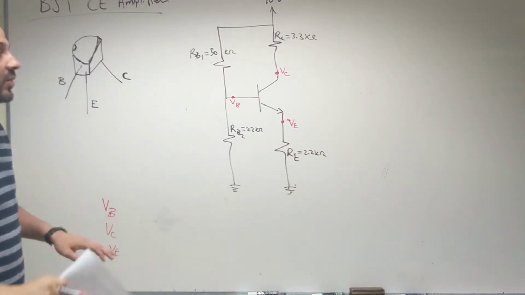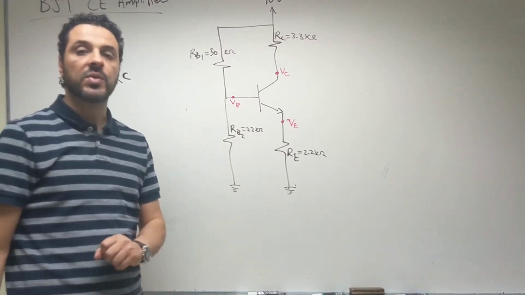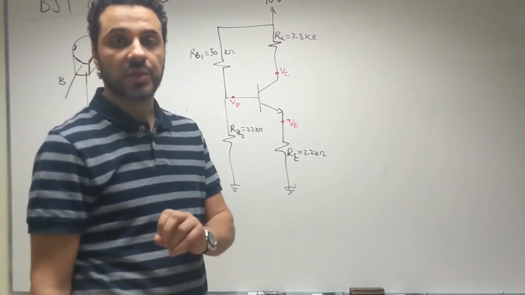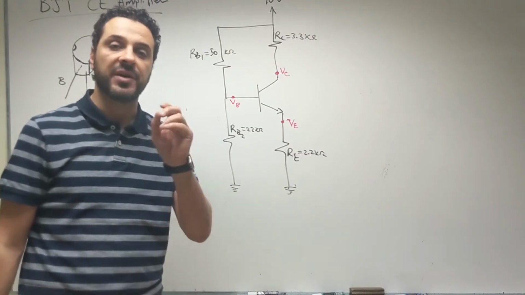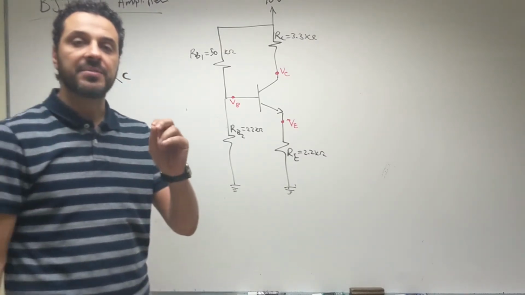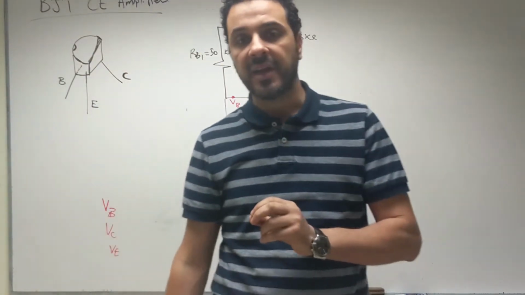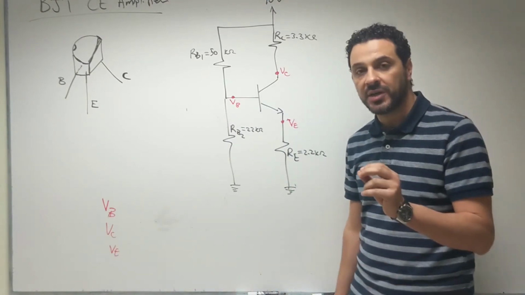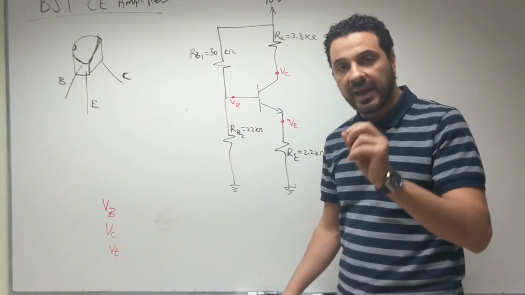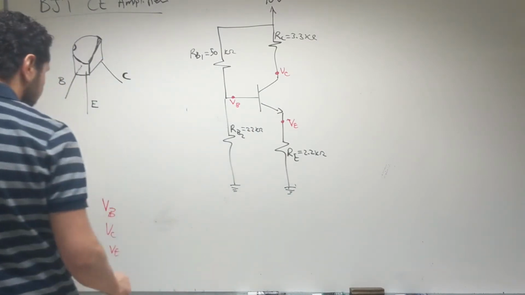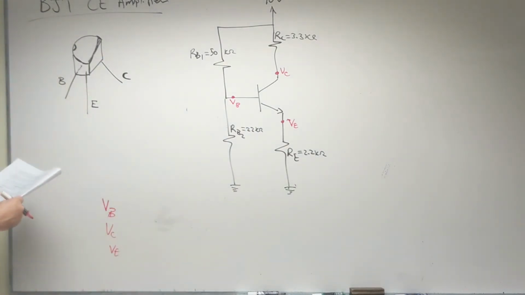And then we are required from these 3 voltages to make sure that the transistor is working in the correct amplifier region. In order for the BJT to operate as an amplifier, it has to be working in which region? Yes, in the active region. So we have to confirm that the transistor is working in the active region.